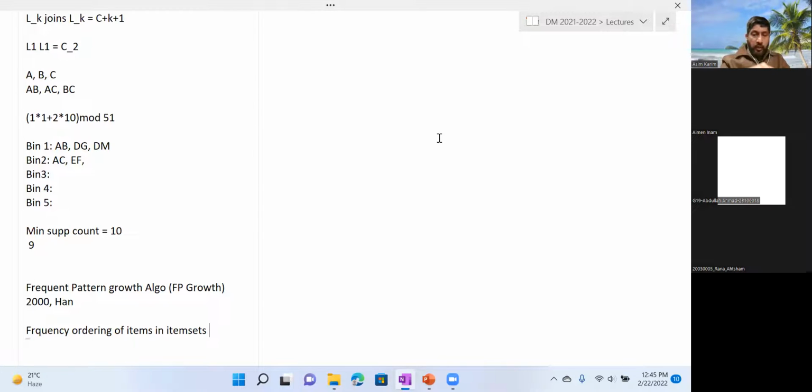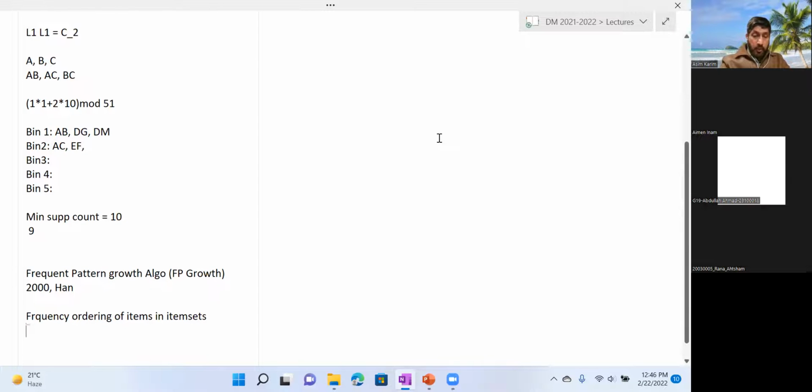The most frequent item would be placed at the top of the item set, and the next, and the next. So frequency descending order. The reasoning is that you can do data compression as a result, and we will discuss the details.